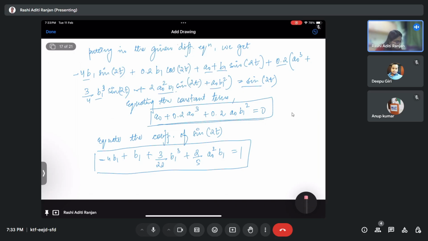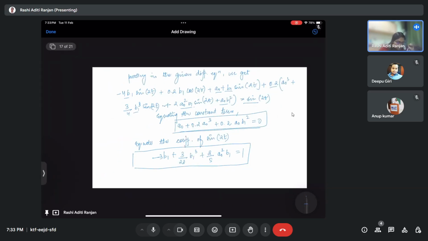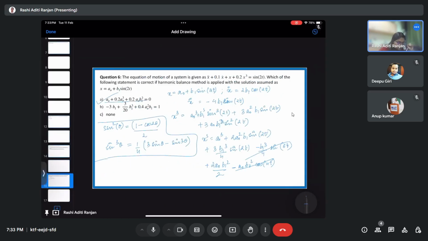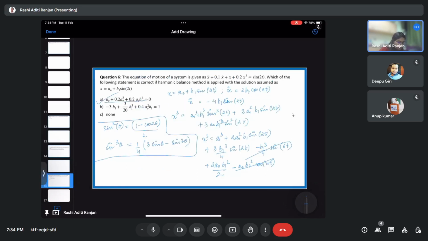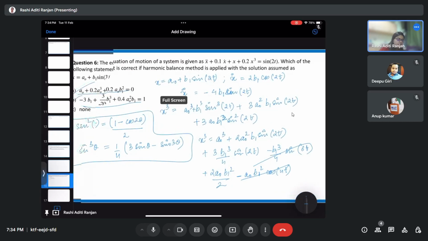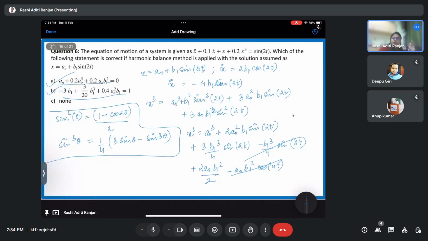This I can write as minus 3 b1. Let's check what is the expression. Yeah, minus 3 b1, 3 by 20, 0.4 a naught b1 is equal to 1. So this expression is also matching with what we got.